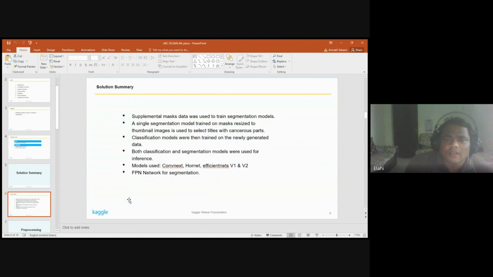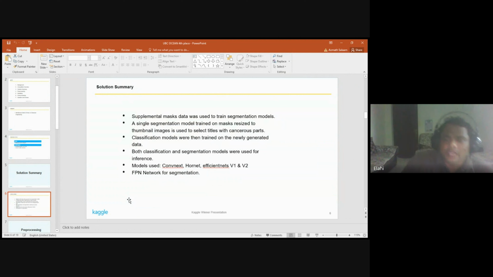The segmentation model was trained on thumbnail images, and then it is used to select the tile. Then the classification can be done on the tile. For the TMA images, it is done directly, and there is no tile generation.